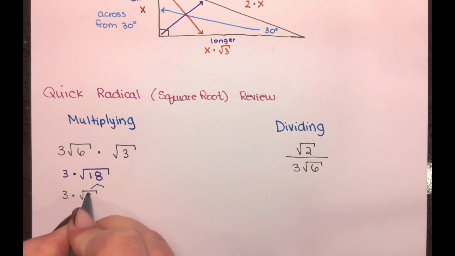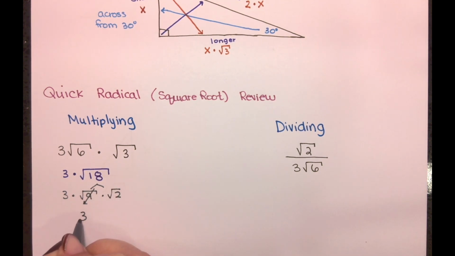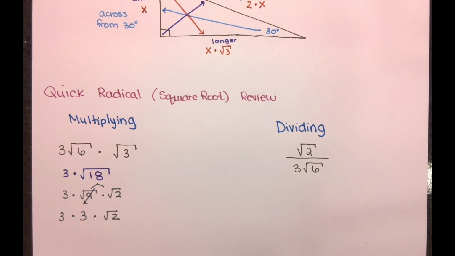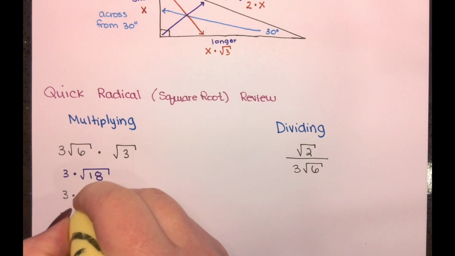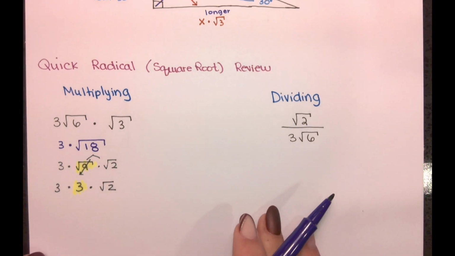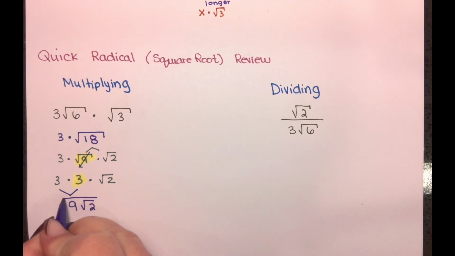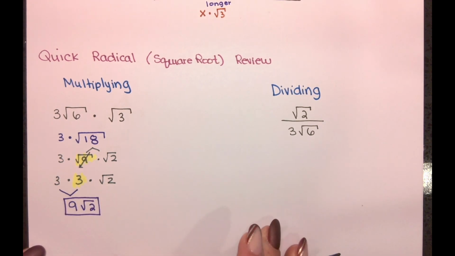So 18 is 9 times 2. Square root of 9 is 3. Now that this secondary 3 is no longer inside the radical, we can combine it with our original outside of the house 3 here. So we have 9 times the square root of 2 as our simplified radical.